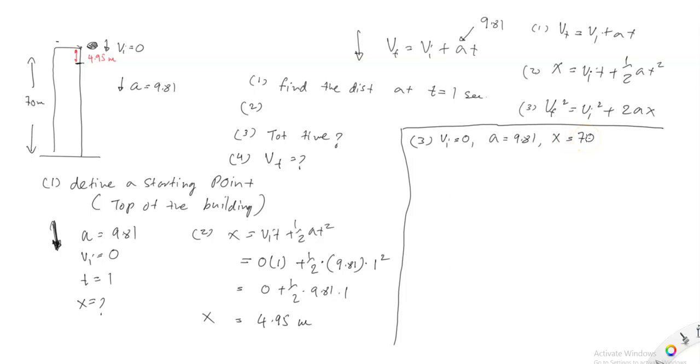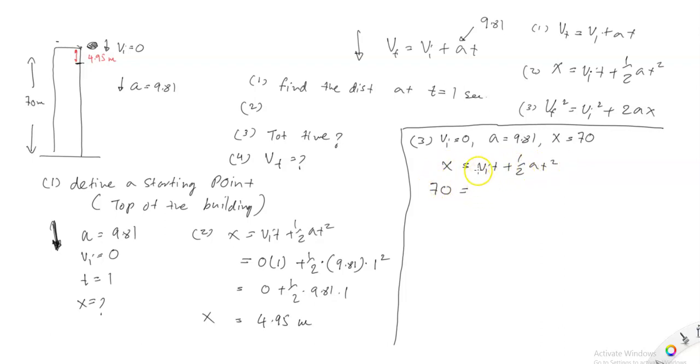How long it takes to cover this distance. So by looking at the equations we have in hand, I am going to use equation number 2. X equals VIT plus half AT squared.